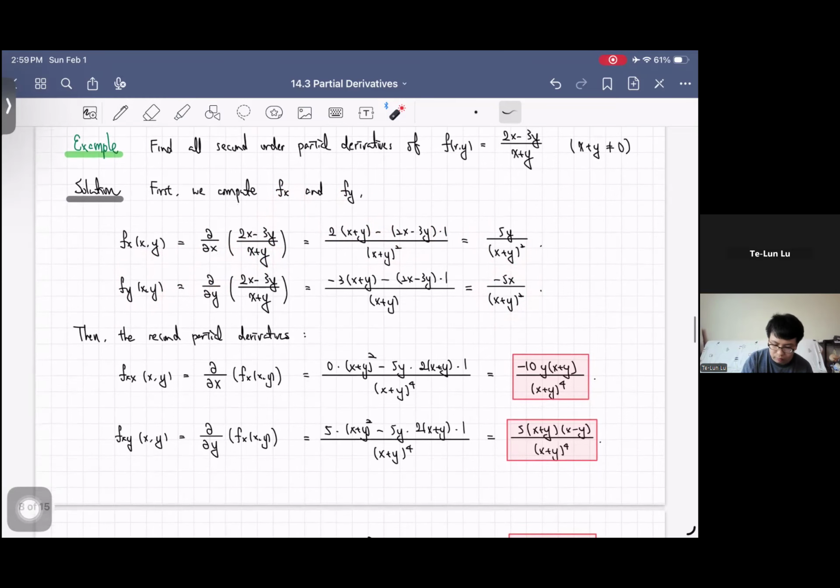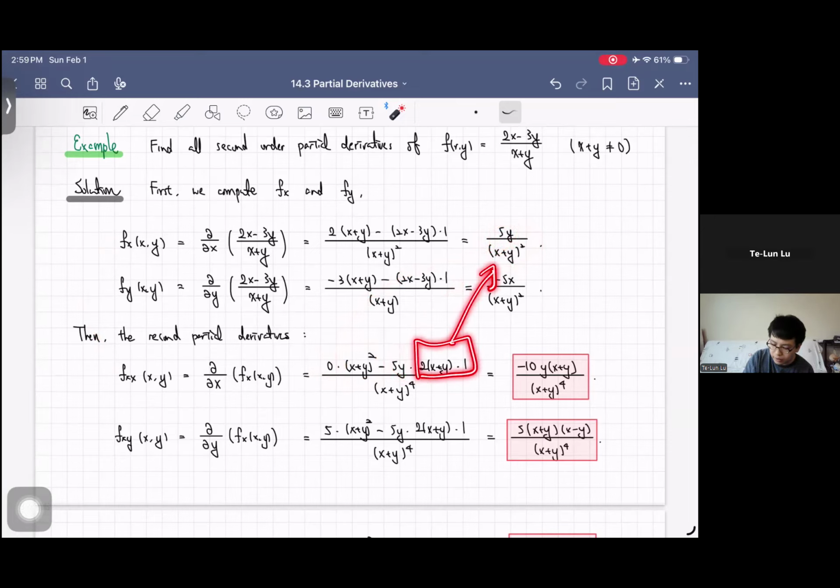Okay, now we just apply another layer of differentiation. To obtain f_xx, you just differentiate this again by x. See that in this case, the derivative of the numerator is actually 0 because y does not depend on x. And you multiply the denominator, subtract the numerator together with the differentiation of the denominator.